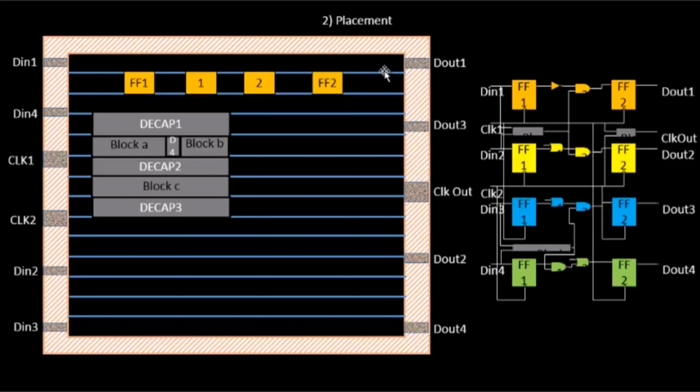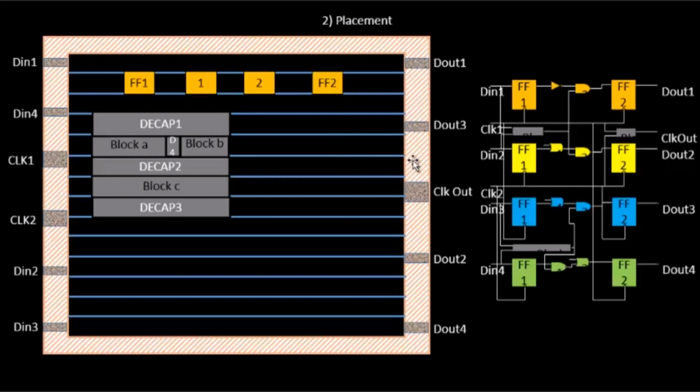Because if, let's say, D out 1 was over here, and if we had placed flip-flop 2 somewhere over here, then the time required for flip-flop 2 to communicate with its own D out 1 would have been huge. So we have taken care of that huge delay in the placement stage itself by placing flip-flop 2 close to D out 1 as far as possible.